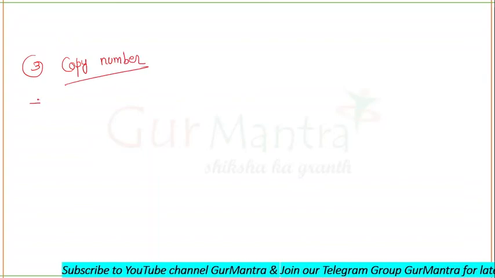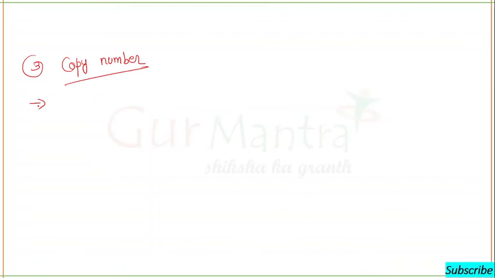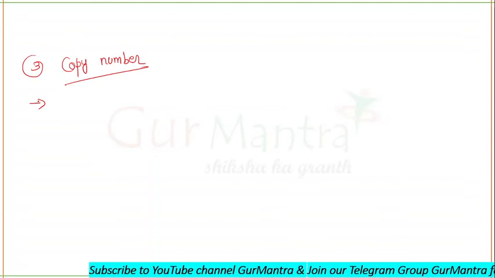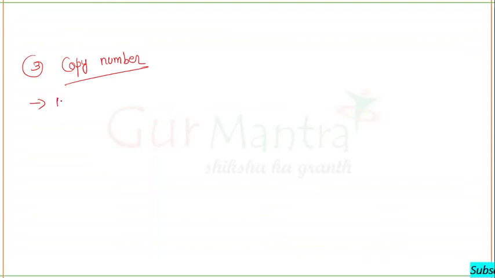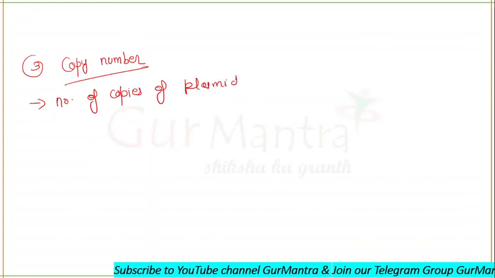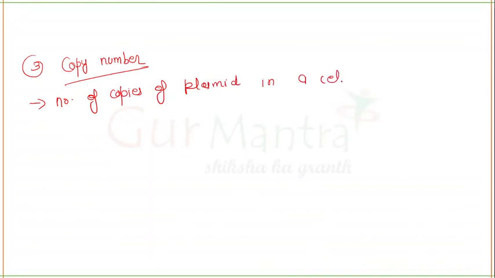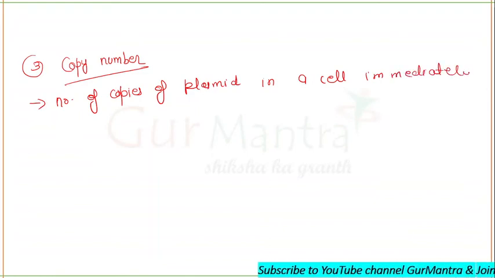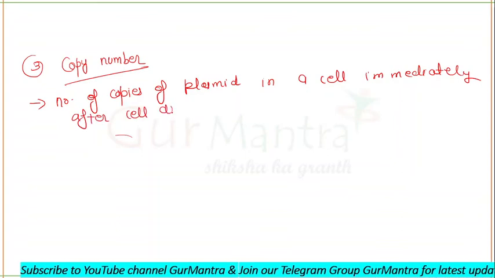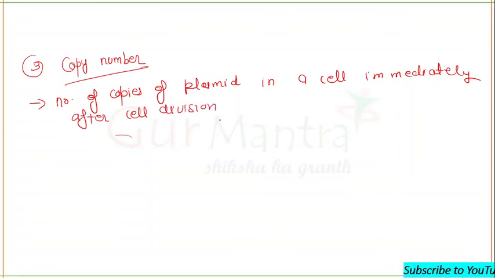Copy number is the average number of molecules of a plasmid per bacterial cell. Or you can say it is the number of copies of a plasmid in a cell immediately after cell division.